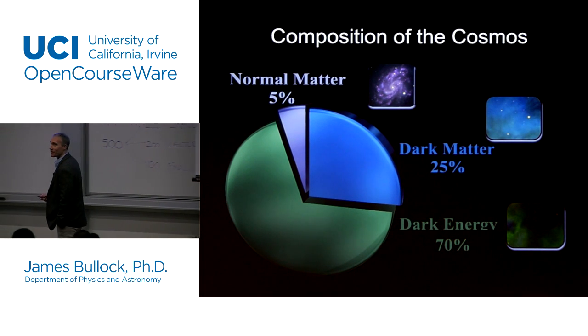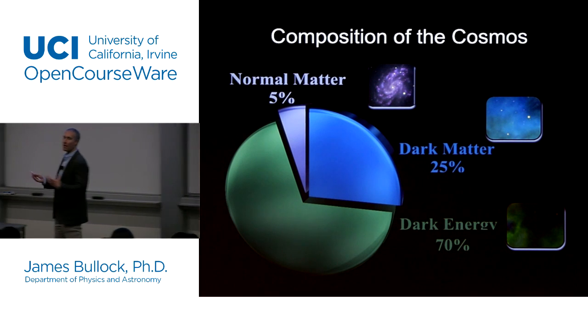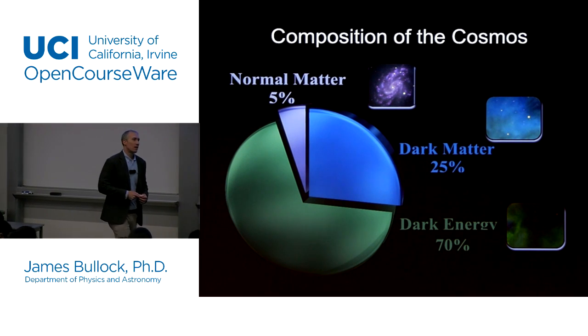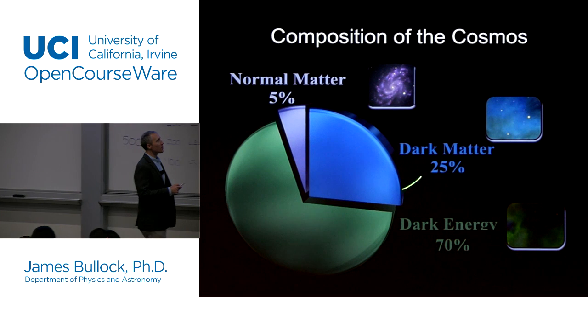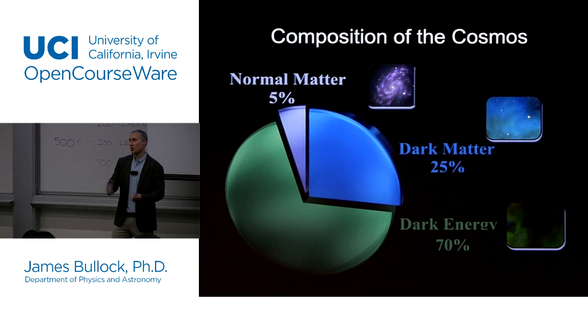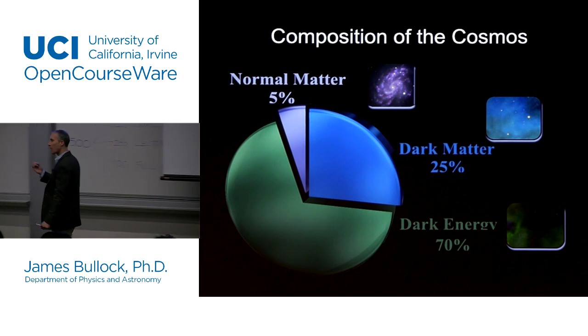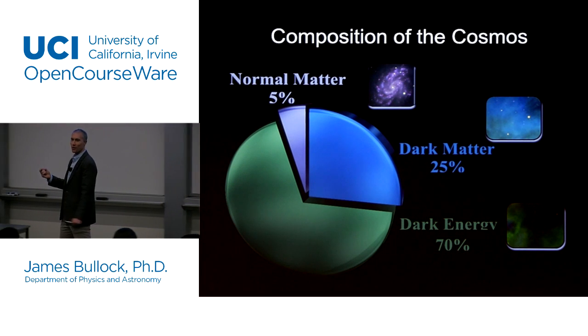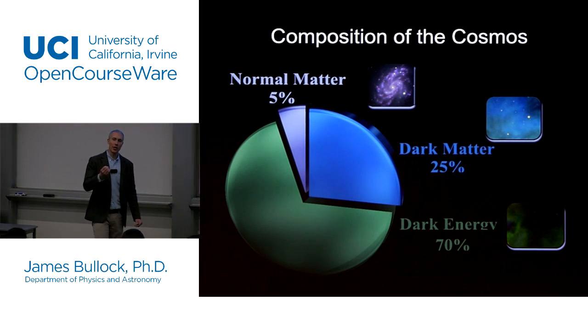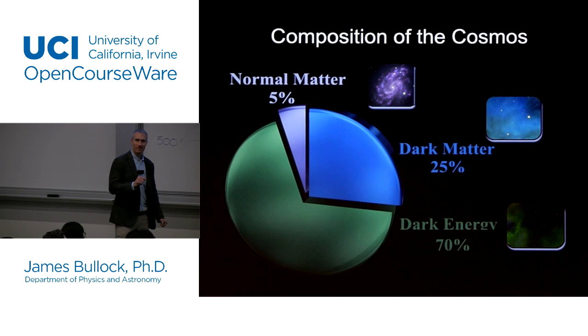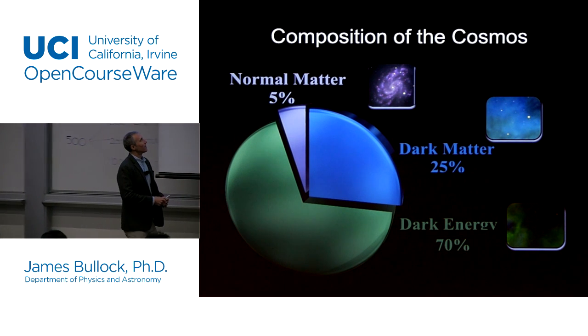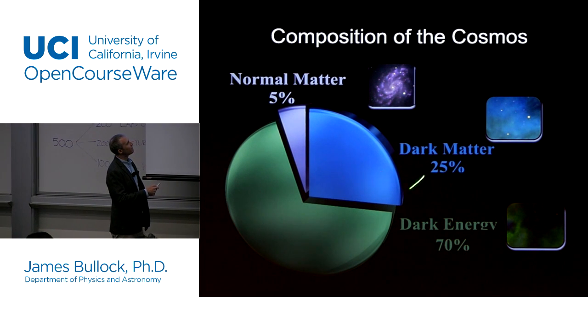25% of the universe is made of something called dark matter. Now, we think this dark matter is just normal particles, but those particles do not interact strongly with the normal stuff. They only tug on the normal stuff via gravity. And that's going to be a whole lecture.